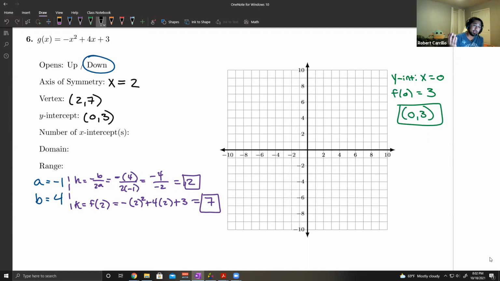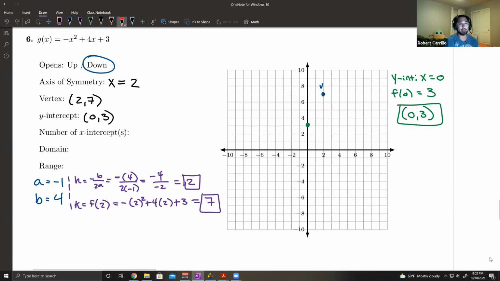Now we have enough information to plot this parabola. So let's put our vertex down. 2, 7. So out 2, up to 7, right there. There is our vertex. And then my y-intercept is at 0, 3, right there. And then let's make it pretty.